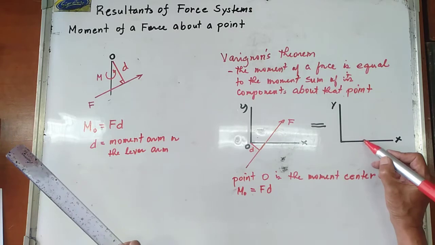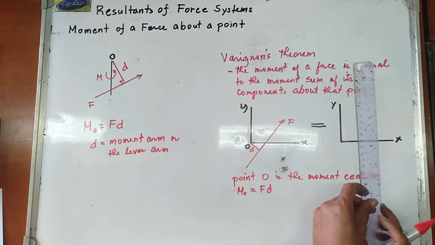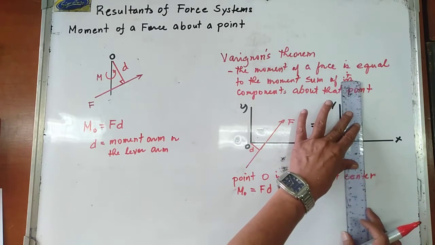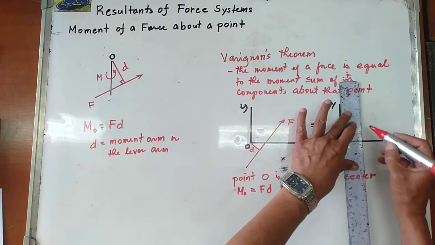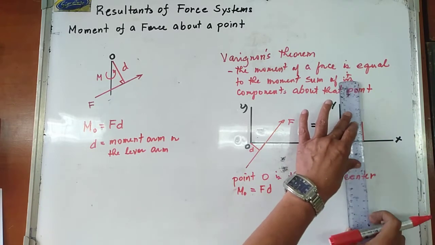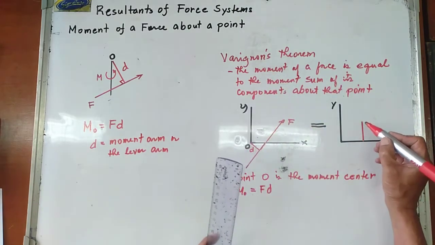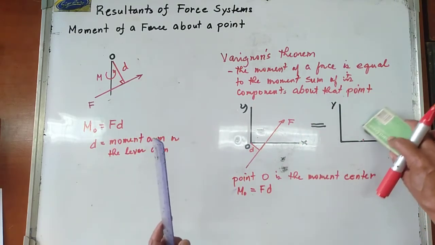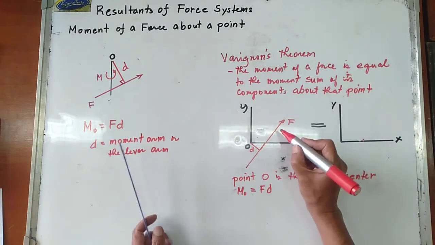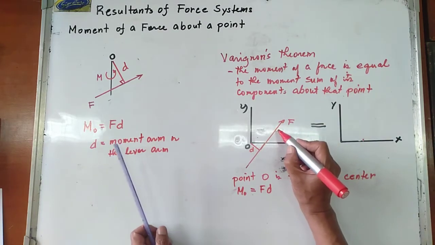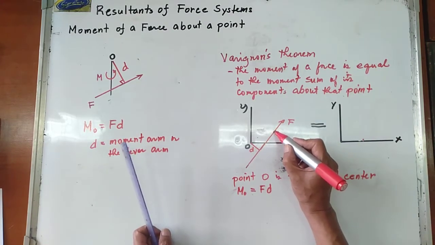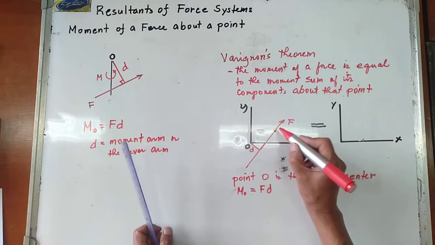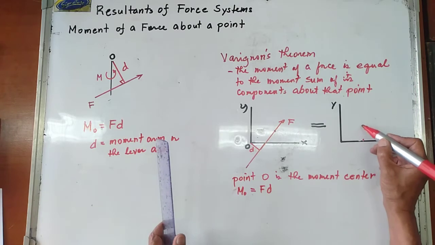At this point, we now have the component along the y-axis, which is your F sub y. I can resolve it at any point along the line of action, provided that the coordinates of that point are known.